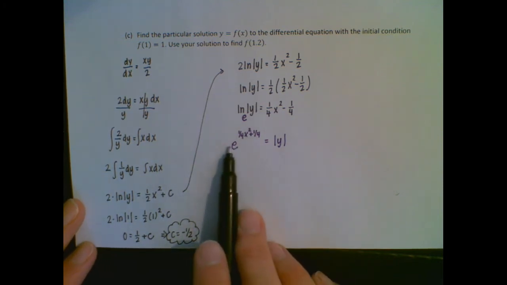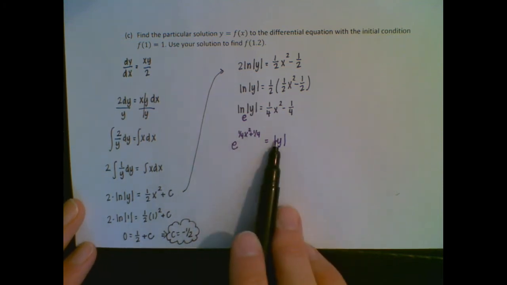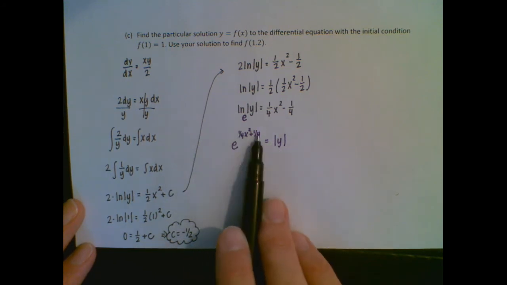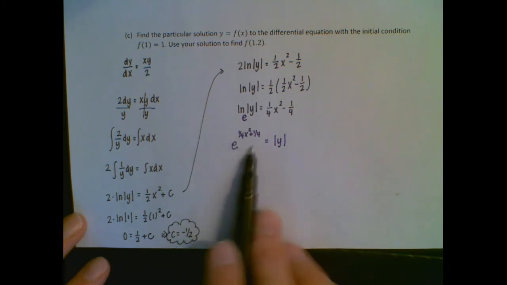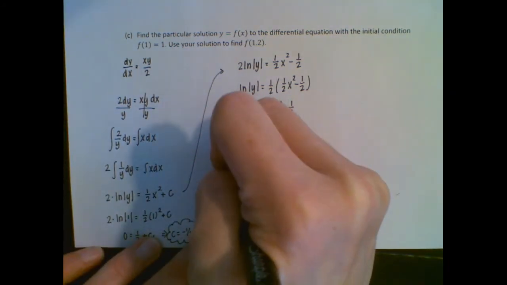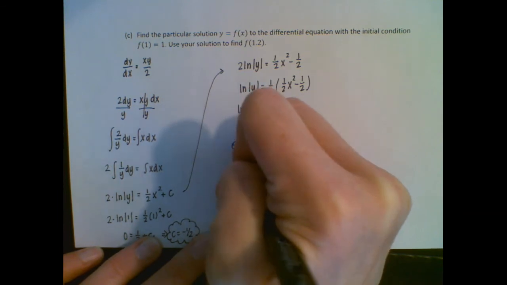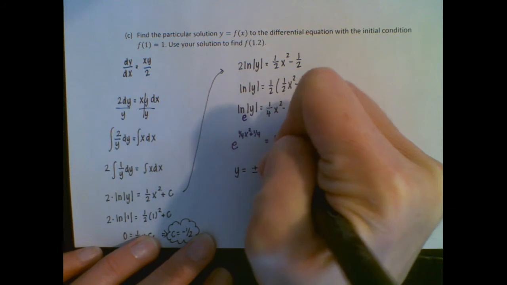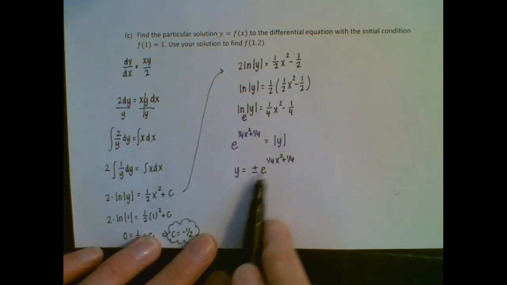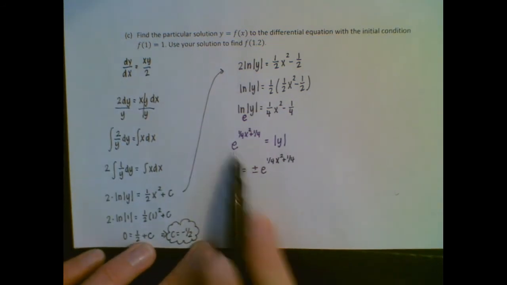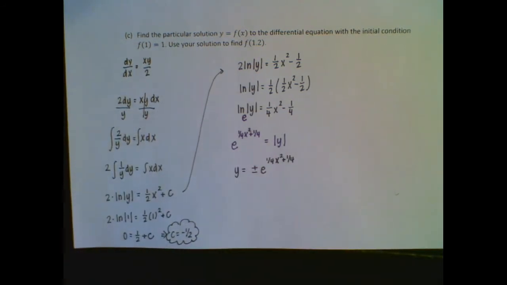But if I put a negative e into the absolute value bars, well, the absolute value of negative e raised to the 1/4 x squared plus 1/4 is still going to be positive e raised to this exponent. So this is really telling us that y could either be plus or minus e to the 1/4 x squared plus 1/4. Again, because if I were to take either one of these expressions and put it into the absolute value, it would still produce a positive e here.